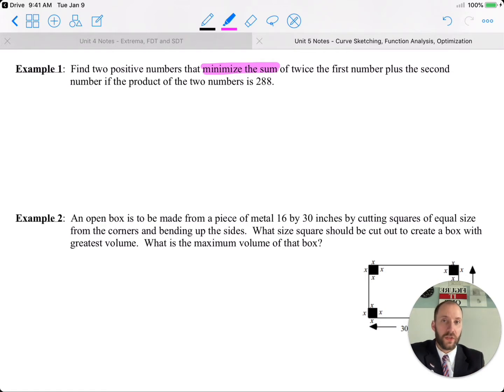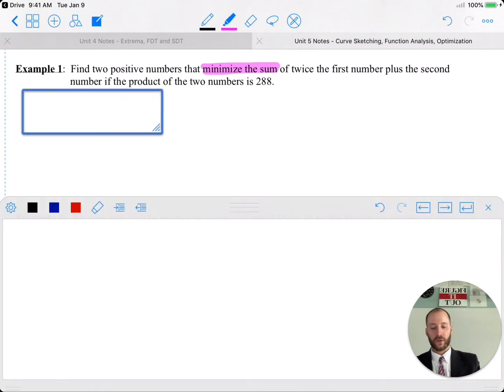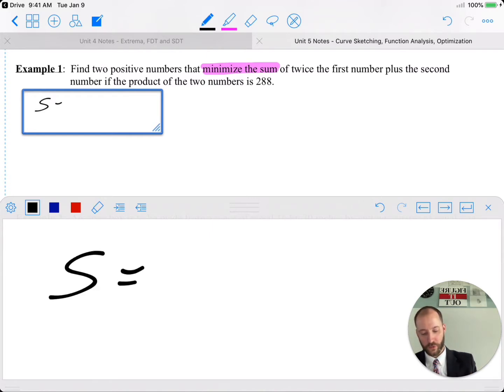That tells you that you want to optimize a sum equation. So our primary equation, let's call that S for sum, is twice the first number plus the second. So twice the first, let's say 2x, plus the second, so plus y.